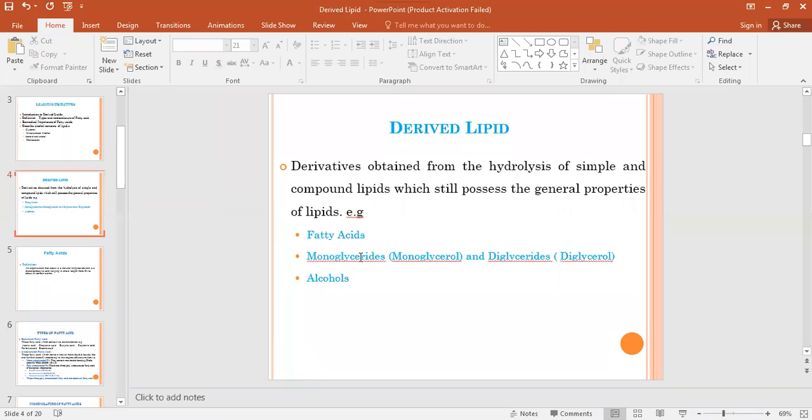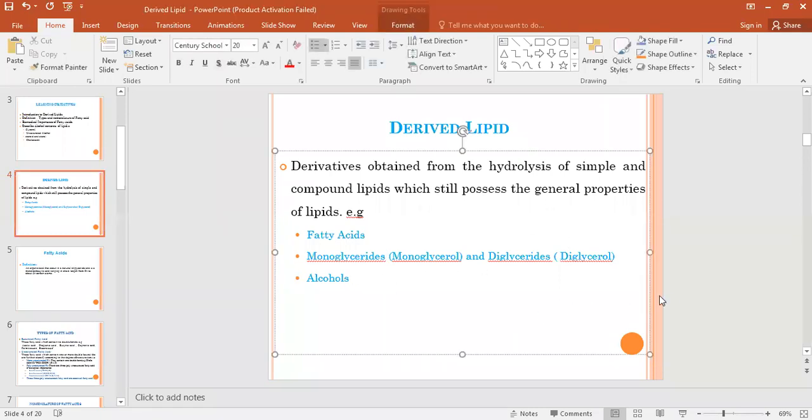In the monoglycerides, only a single fatty acid is attached to the glycerol, while in the diglycerides two fatty acids, and in the triglyceride three fatty acids are attached to the glycerol molecule. So we discussed the fatty acids, mono and diglycerides and alcohol, which are examples of derived lipids.